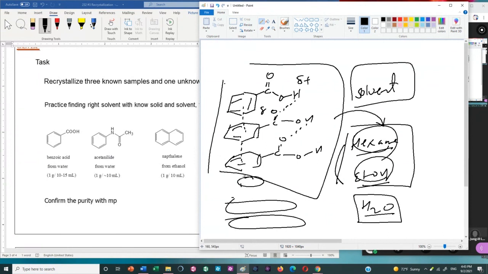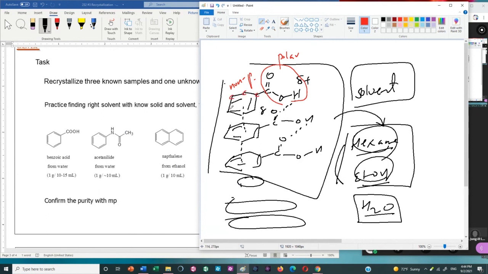So here we have a structure. You all know, even from Gen Chem, these carbon hydrogens are hydrocarbon, very nonpolar. These oxygens and hydrogens are polar. Let's see, how many atoms here?